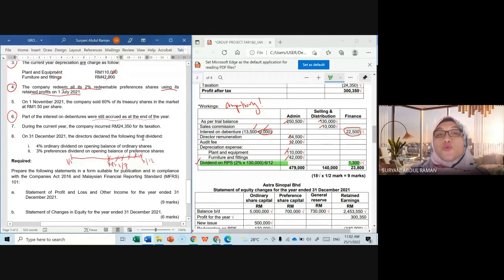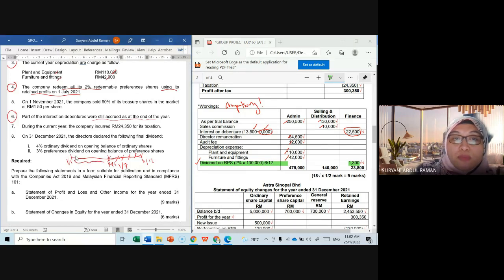So what you need to do is stop at 6 months only. You just calculate the dividend for 6 months only, so that's why it is times 6/12, 1,300.